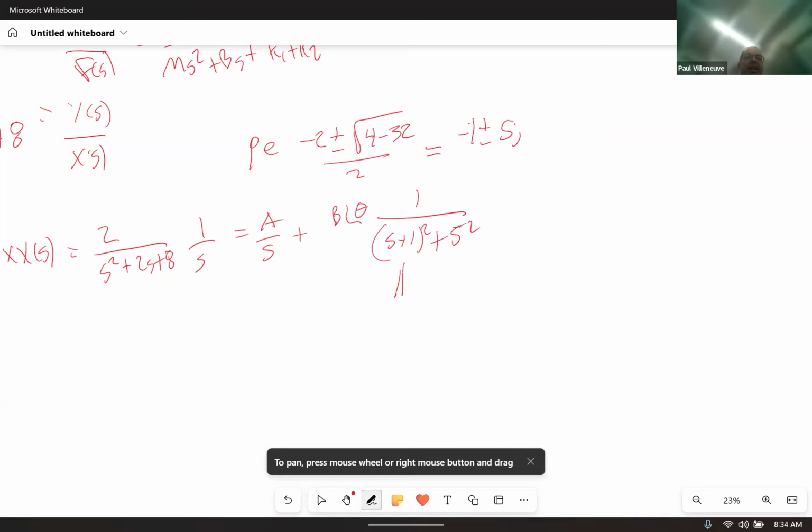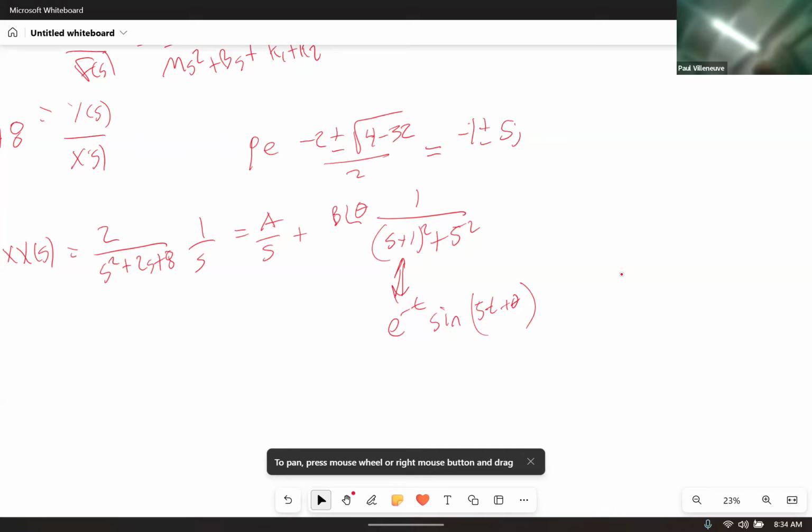In my Laplace table, this becomes e to the minus t sine of 5t plus theta, right? If I look at the table, just this expression over here is going to be something of that form.